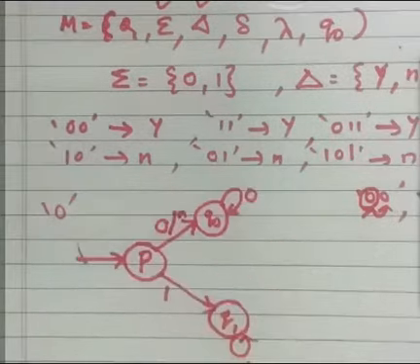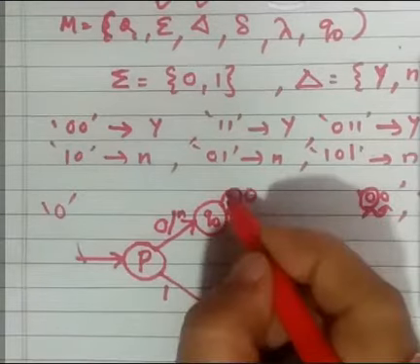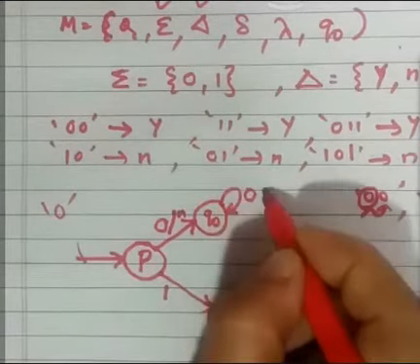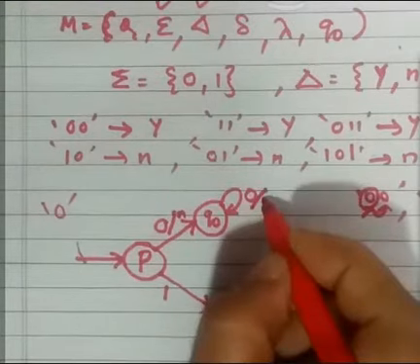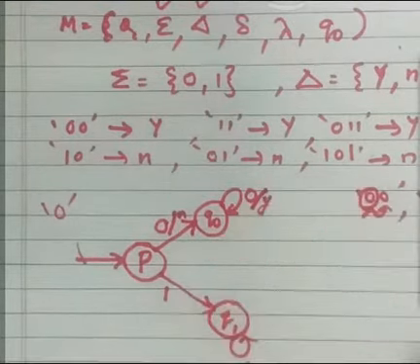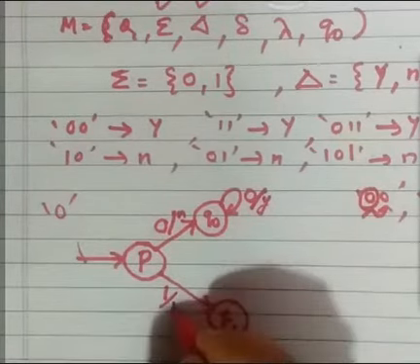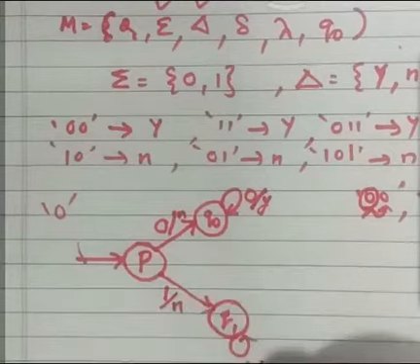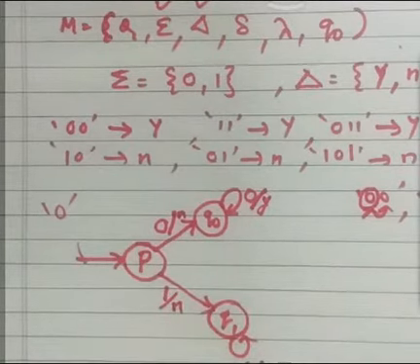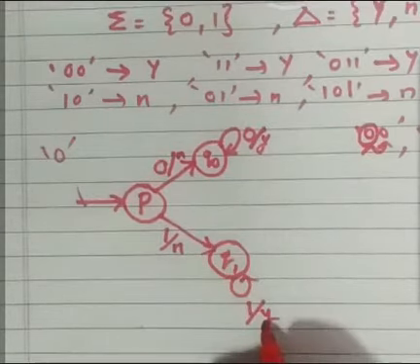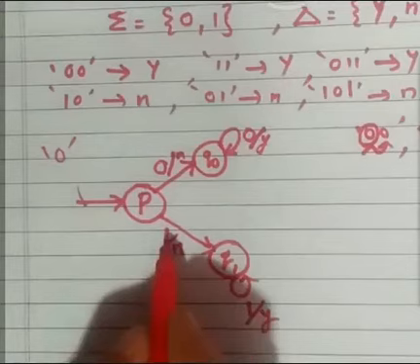Is it clear? But once I go here and there is at least one single 0 occurrence, then my output will be yes. Same way, if I get only a single 1, my output will be no. But if I get one more 1, then my output will be yes. So my outputs are dependent on the current state and input symbol.